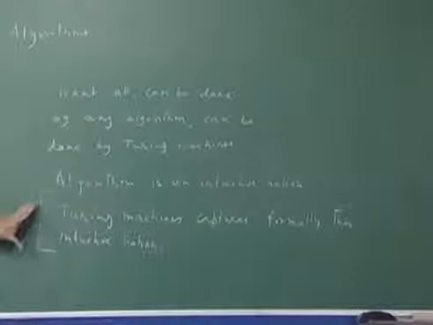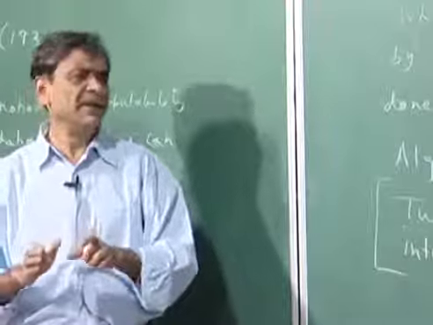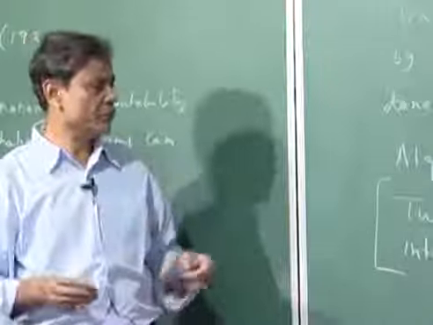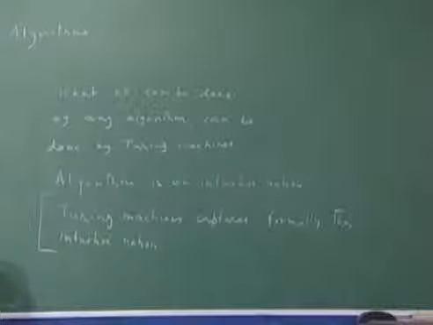Now, really speaking, this statement cannot be proved, because as we shall see, a Turing machine is of course a formal concept, in the sense that you can define it with great clarity. In fact, we will be making use of Turing machines to define many algorithms.